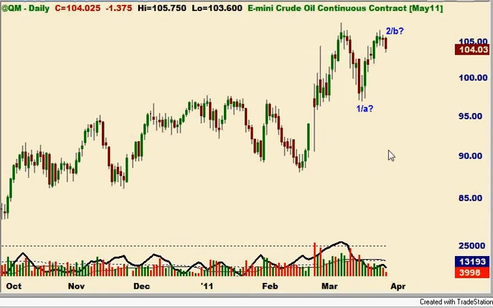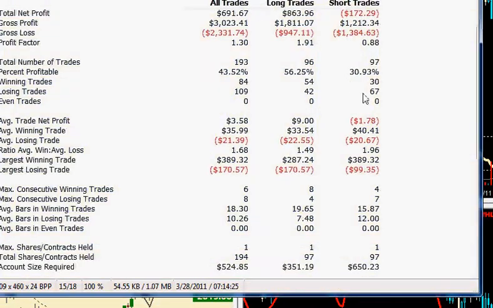And crude oil, I wouldn't say that I'm bearish crude, but I'm looking for somewhat lower prices as long as we don't blast through recent highs around the 106 level. I think that this possibly counts even as a top.